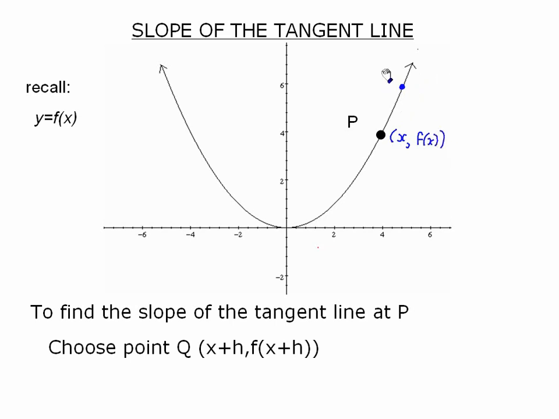Then, if the horizontal distance between P and Q is h, point Q has x coordinate x plus h, and y coordinate f at x plus h. So we pick that point.